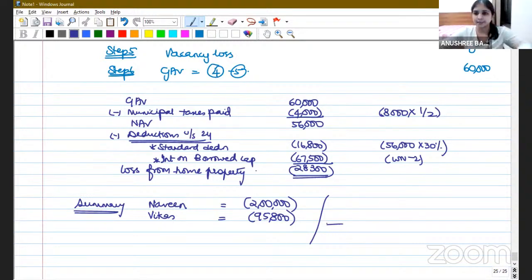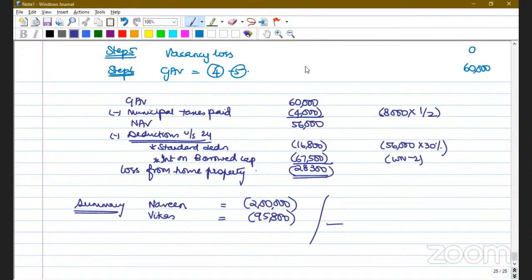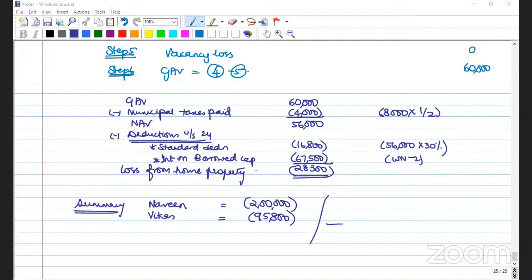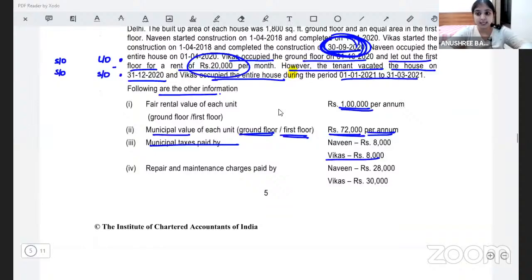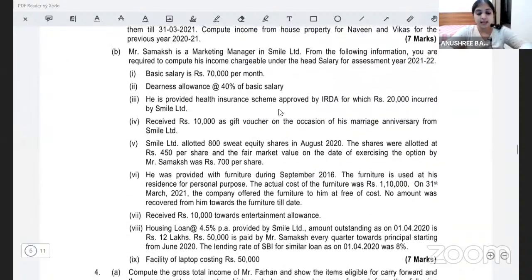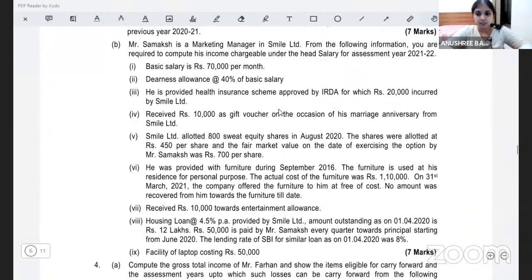I hope you're all done, all comfortable with this question. Yes. Can we go to the next question now? This was question number 3A. There's another question, 3B, which is a salaries related question.